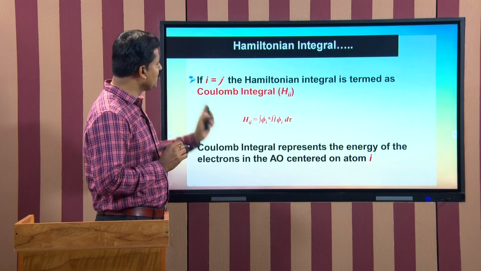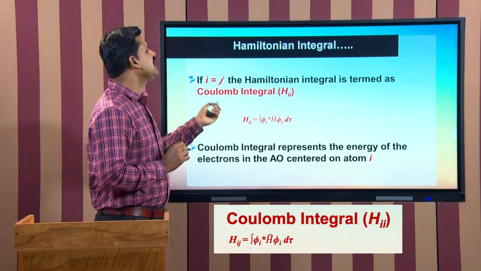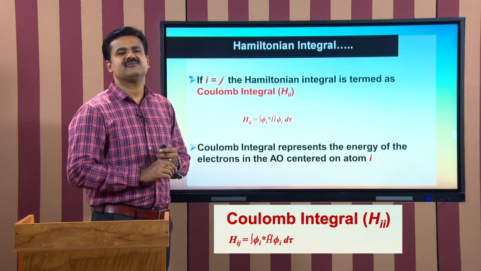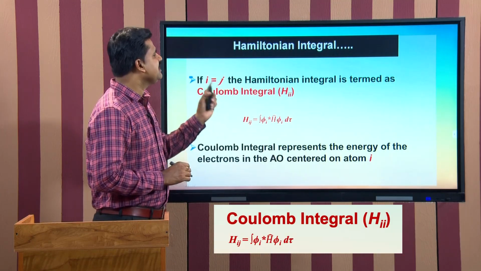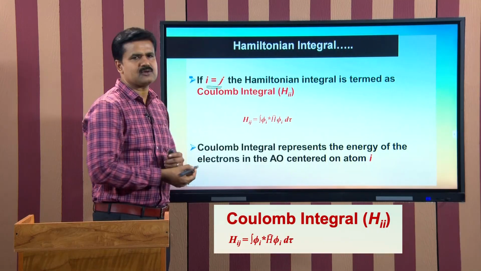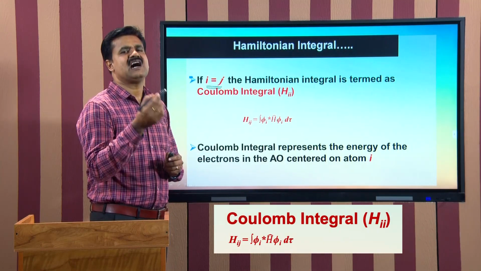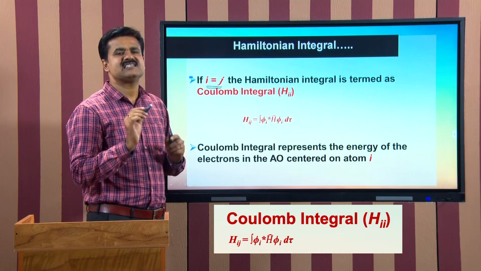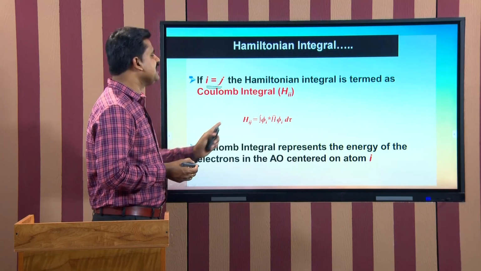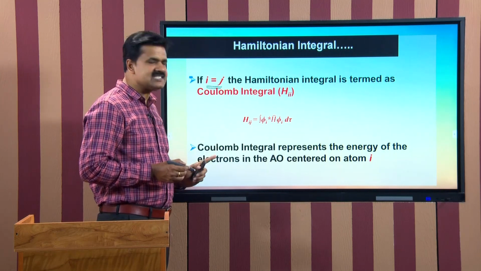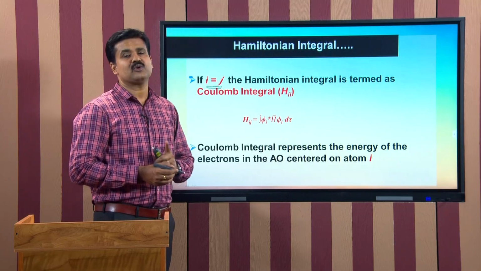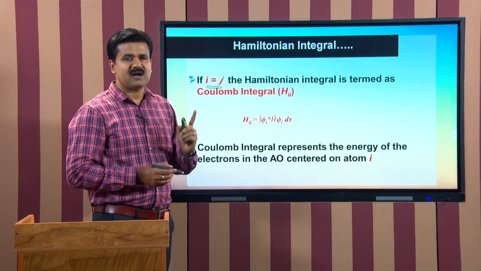And there is one more condition. We have the Hamiltonian integral Hij equal to integral phi I star H hat phi j d tau. And in this expression, if I is equal to j, then the Hamiltonian integral is termed as the Coulomb integral. The Coulomb integral represents the energy of interaction of electrons in the atomic orbital centered on atom I.